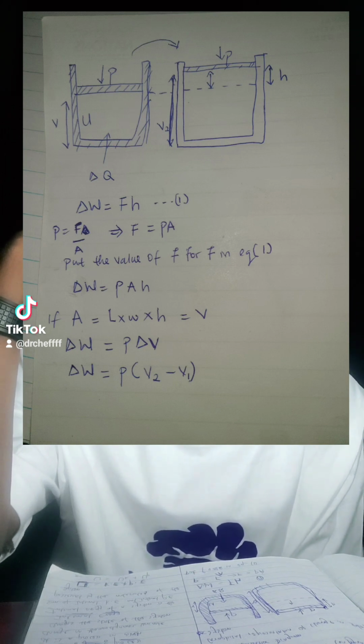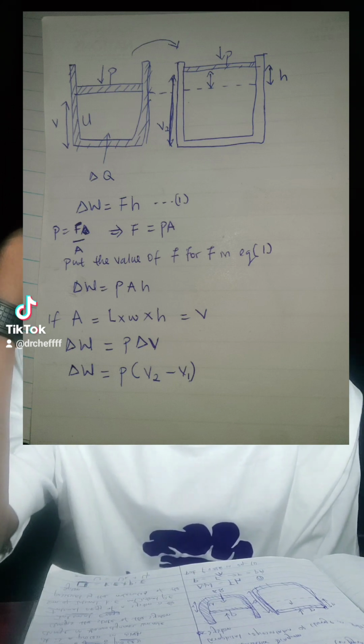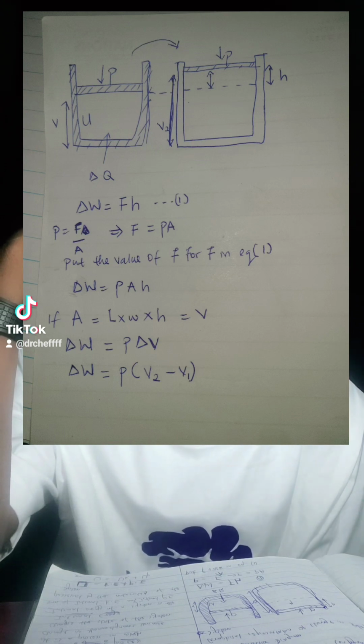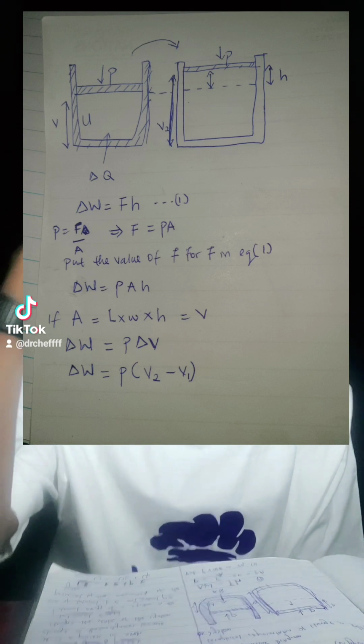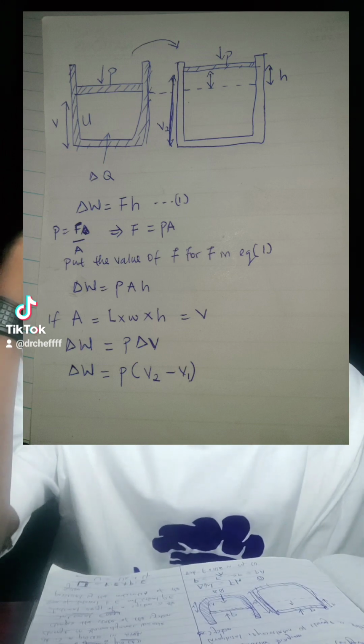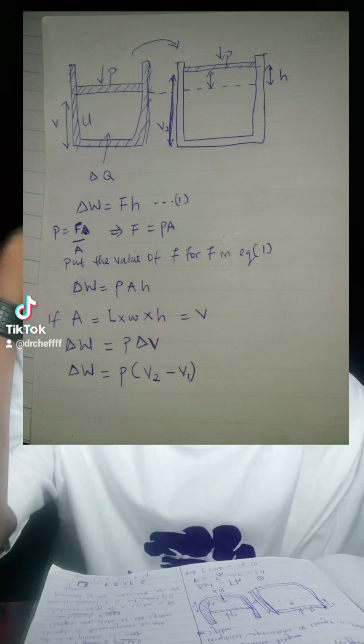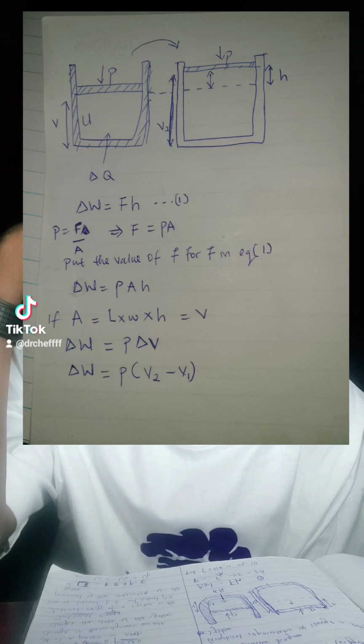So from that we can make F the subject of formula, right? Because we want to represent our F there with pressure instead, so F can be equal to P, pressure, times area, right? So PA.